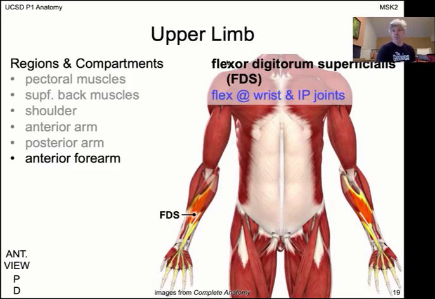Anytime you see a bold term like this with a long name, and then there's an acronym that's also bold, that acronym is totally legit. If an acronym is legitimate for clinical purposes, we'll list it in bold. That's the anterior forearm muscle that serves as our representative there.